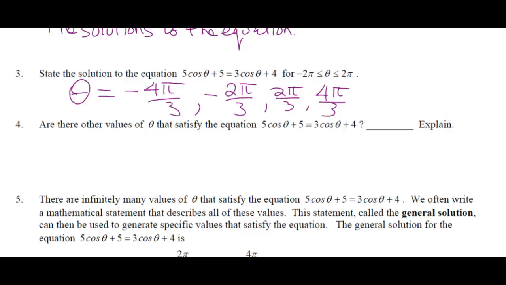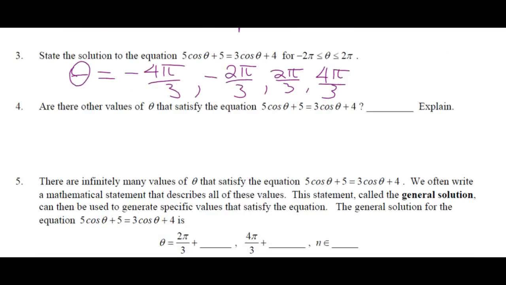Are there any other values of theta that satisfy this equation? So is that it, or is there more? There's more, and what are those more values? Yes. So how many more values are there? Infinitely more.